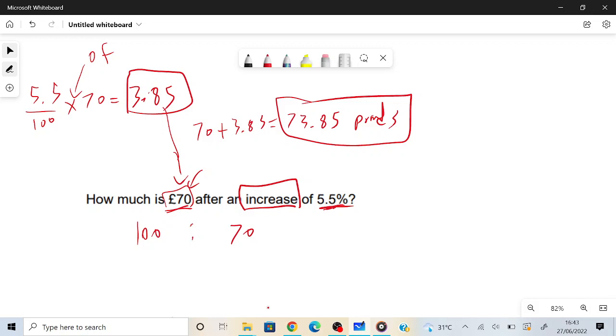Now, how much is £70 after an increase of 5.5%? All you do is take your 5.5 and add it to your 100. So 100 plus 5.5 gives you 105.5, and write it below your 100.